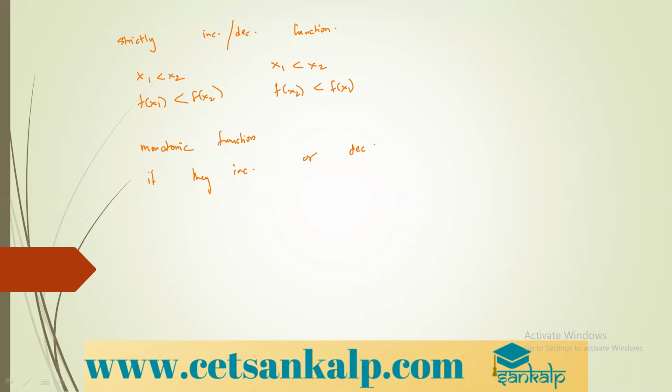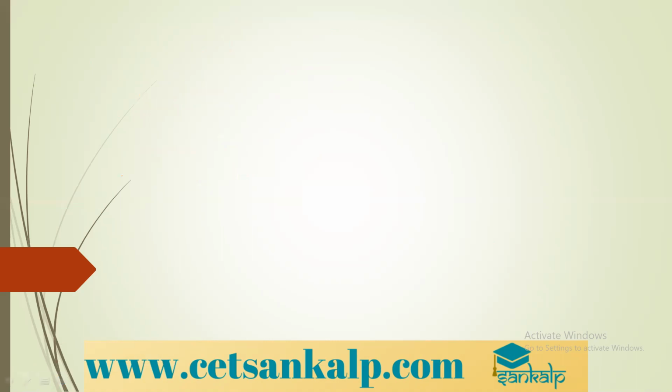How can you say the function is monotonic? Monotonically increasing or monotonically decreasing? If f prime of x is greater than or equal to 0, then function is monotonically increasing always. If f prime of x is less than or equal to 0, then we say that the function is monotonically decreasing.